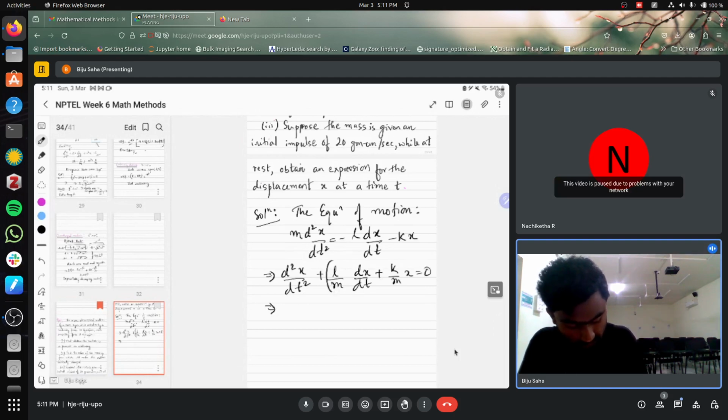Let this part be equal to 2b, and this part is omega naught square.